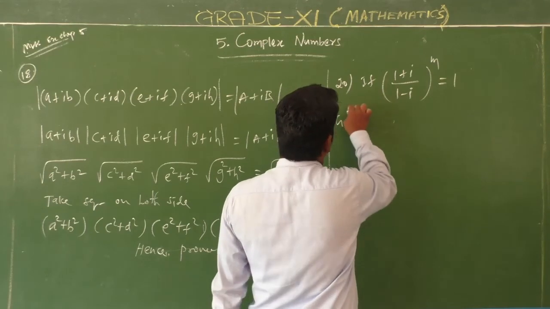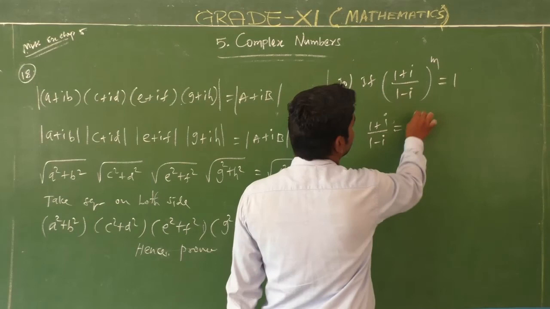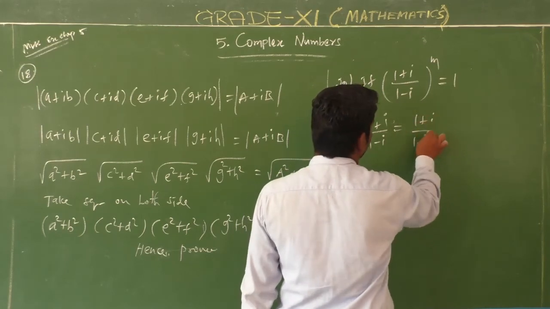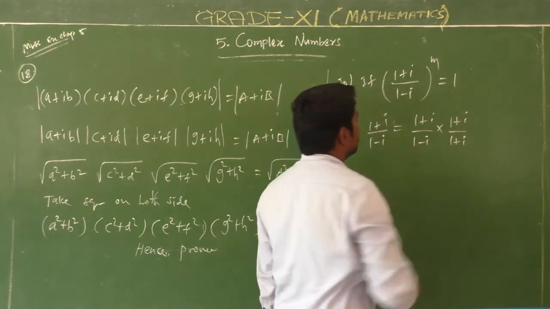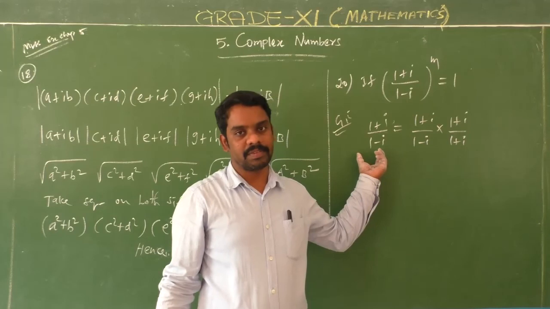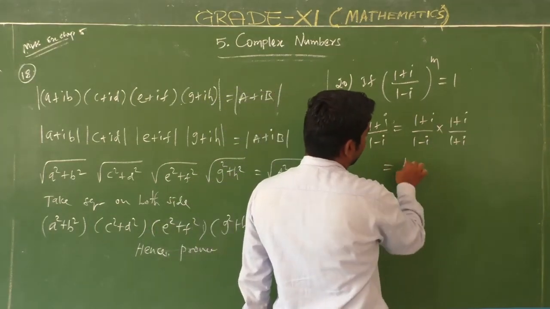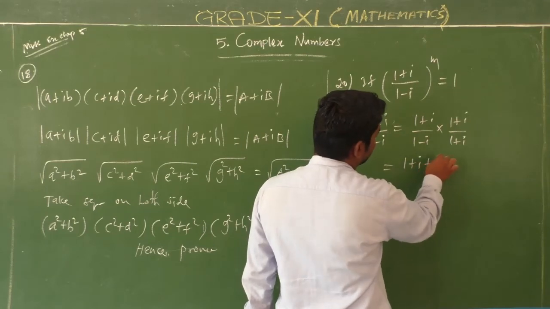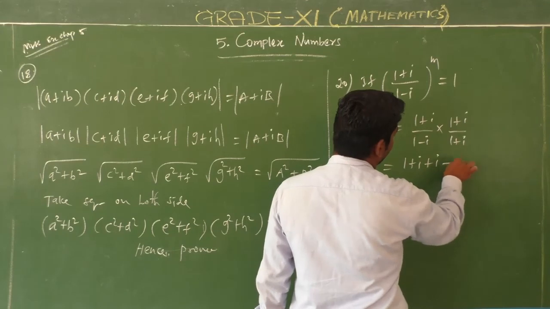Given (1 plus i) by (1 minus i), multiply by (1 plus i) by (1 plus i). This complex number is a rational fraction, so we write it in the standard form a plus ib. So (1 plus i) into (1 plus i) is 1 plus i plus i plus i square, and i square is minus 1.